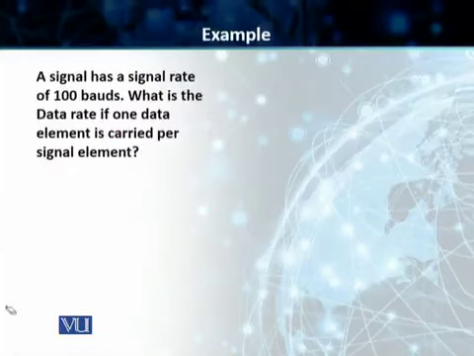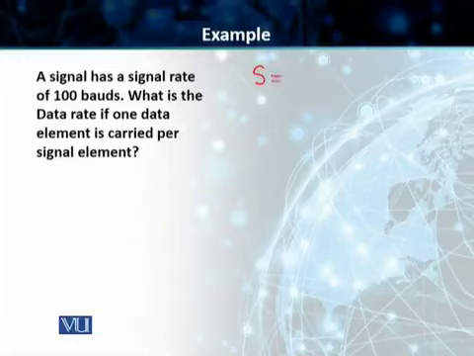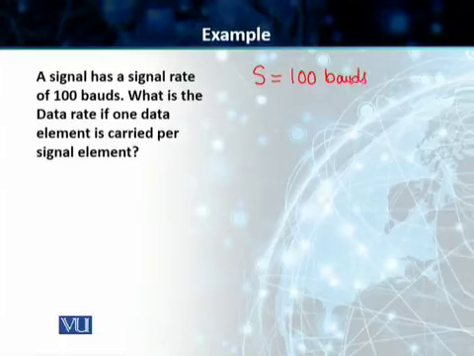Now, students, let's look at an example in which we have got a signal which has got a signal rate of 100 bauds. We know that the ratio R is 1 because it's given that only one data element is carried per signal element, and we need to find the data rate.